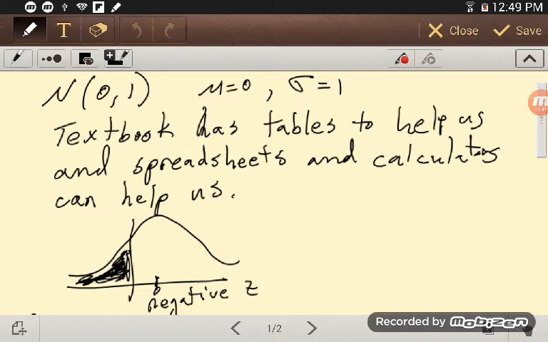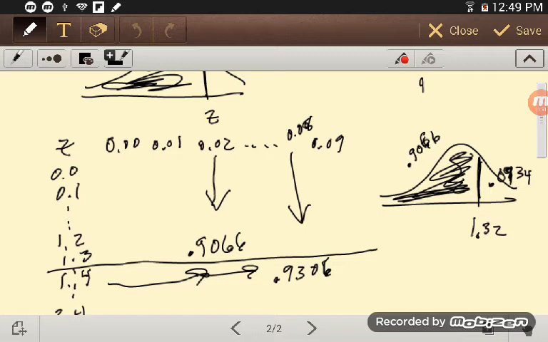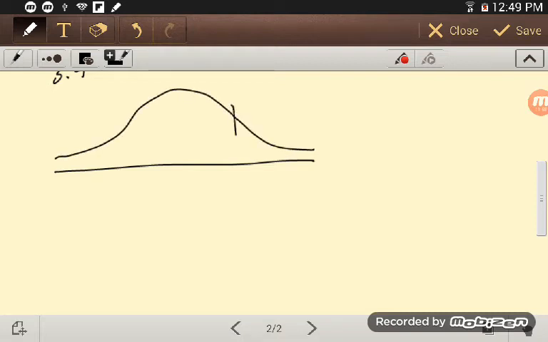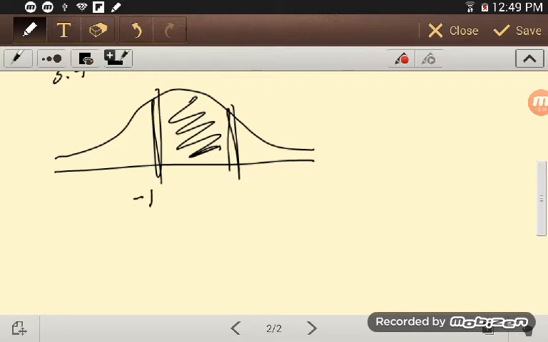Oh, I did leave out one thing here, I guess. Do we have room down here? Yes. Okay. So, suppose I want that area. Okay, and maybe this is negative. We'll use negative. They don't have to be negative, but I'll use negative 1.21 and maybe positive 2.08, something like that.